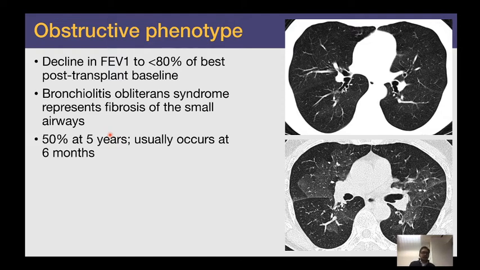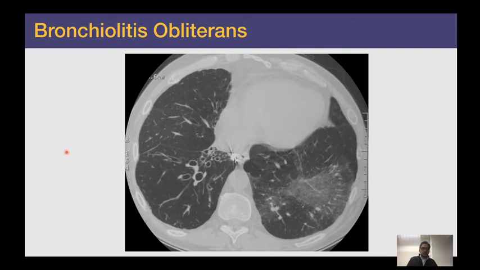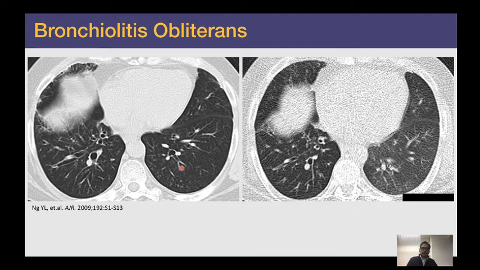All right, so this is very common. 50% of patients at 5 years will have it, and it usually occurs at 6 months or greater. Later on in the disease course, you'll have bronchiectasis and bronchial wall thickening, like in this patient. But early on, the only thing that you may see is just the air trapping. Okay, and here's another case, the same thing.